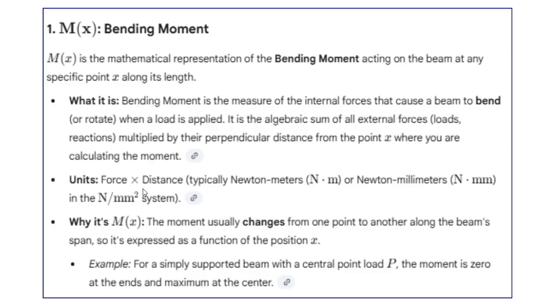Unit is force into distance, typically Newton meter or Newton millimeter. Why is it Mx? The moment usually changes from one point to another along the beam span, so it is expressed as a function of the position x. Example: for a simply supported beam with a central point load P, the moment is 0 at the ends and maximum at the center. Okay.